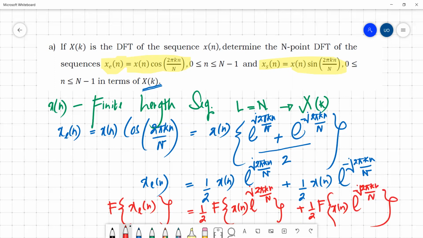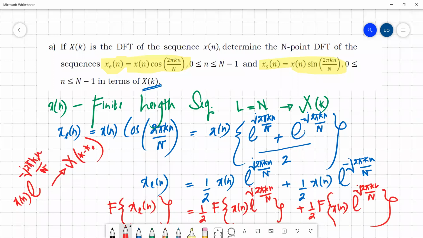So we know that if you have x[n] e to the power minus j 2 pi k naught n over capital N, you can immediately convert it to the Fourier form of X[k minus k naught].